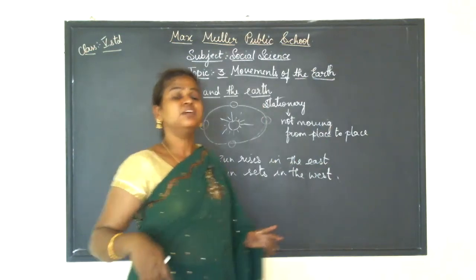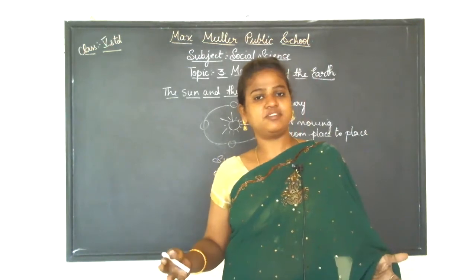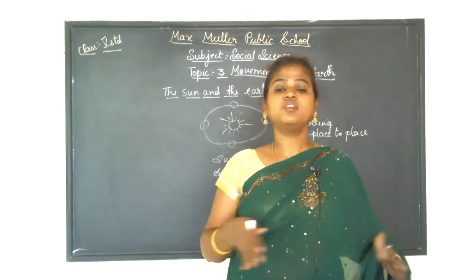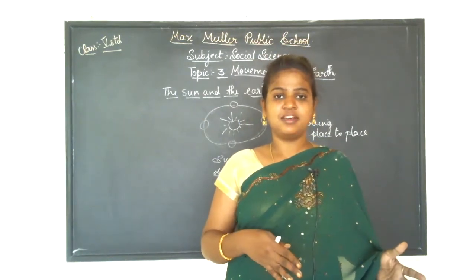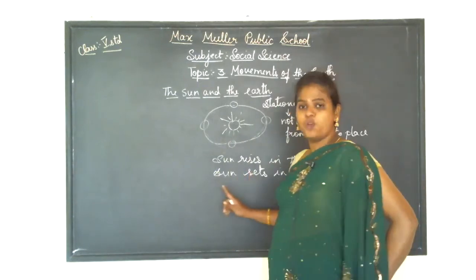So what happens? The rising of the sun begins from the east. From the east side you can see the sun rising, and you can see the sun setting in the west.